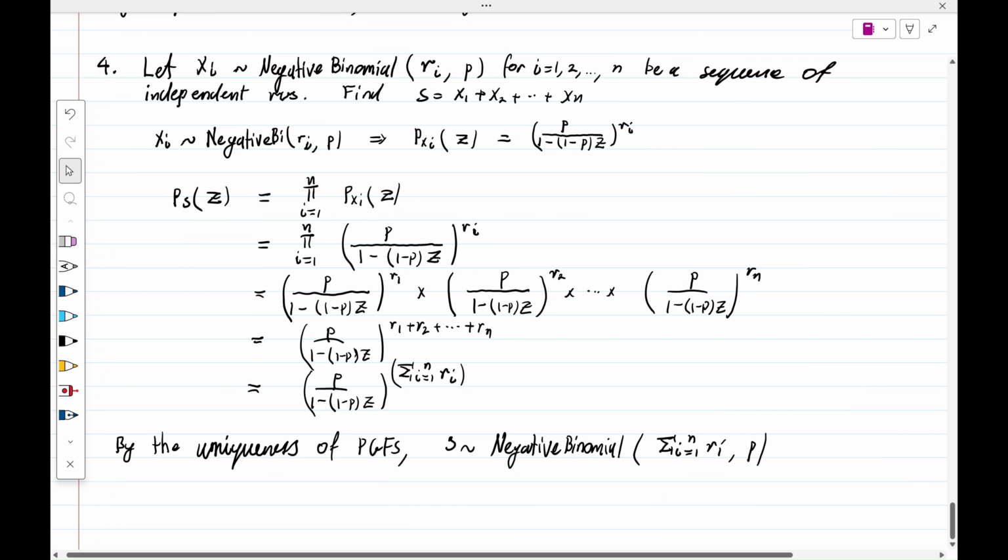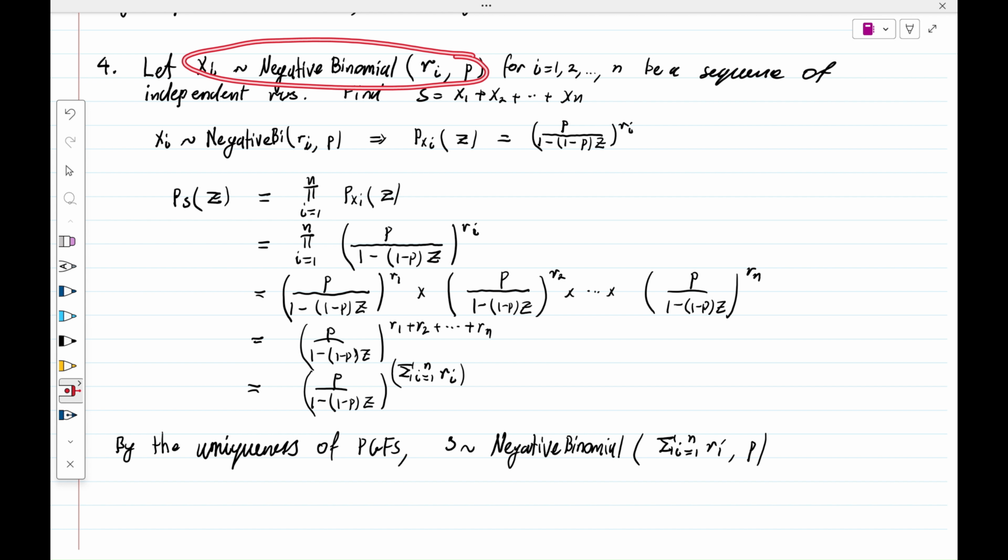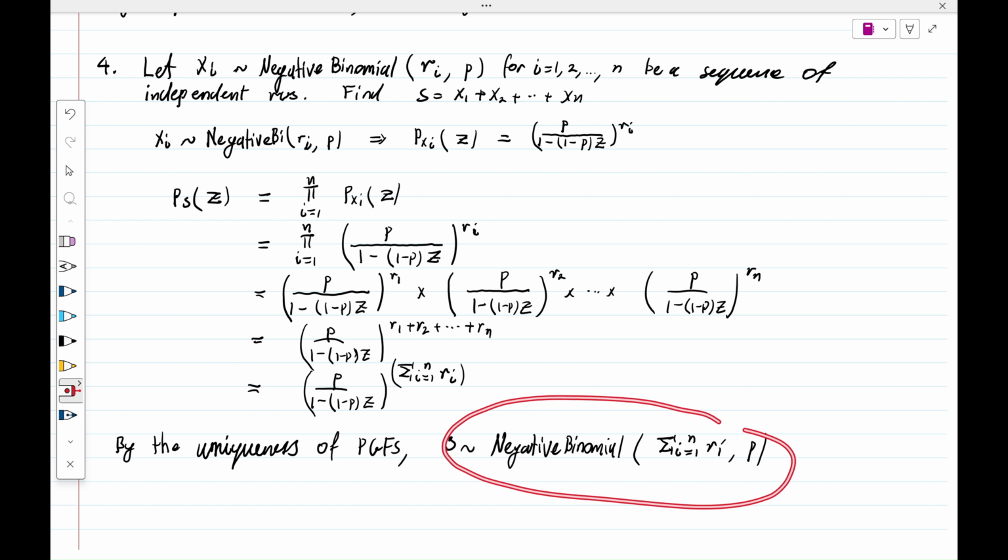In other words, what we've discovered is that if you have a sequence of independent negative binomial distributions that all have the same probability of success parameter p, then the sum of those respective negative binomials will also be a negative binomial. A very interesting result.